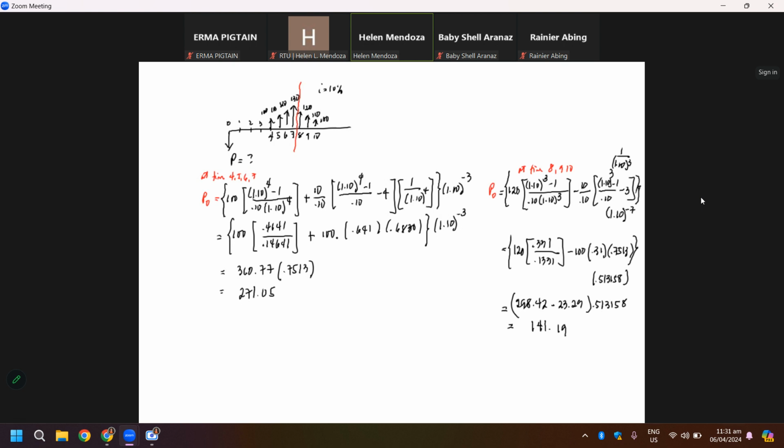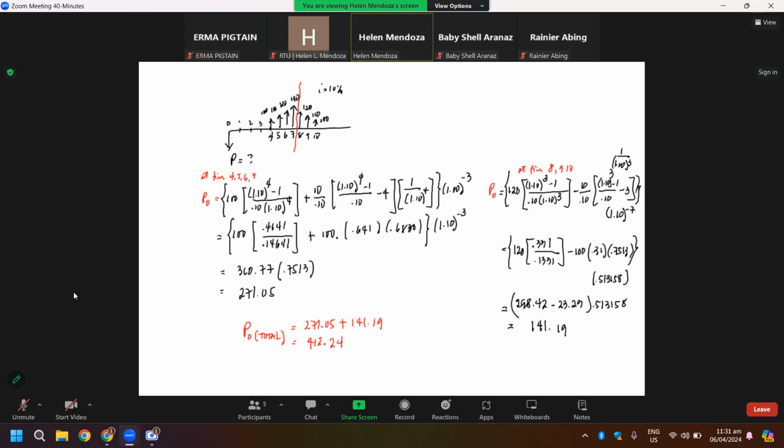So we would now take the P total, P sub 0, and this would be the total. So that would be 271.05 plus 141.19. So this will give us 412.24. Any question?